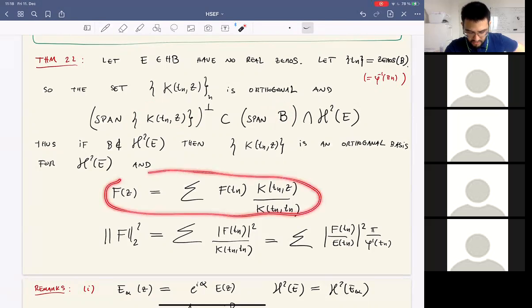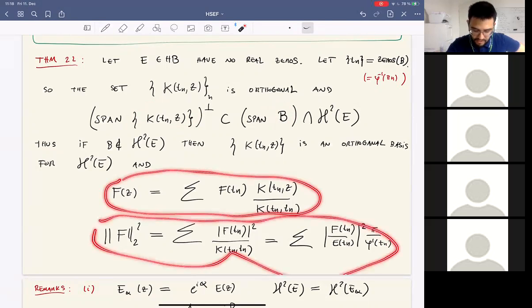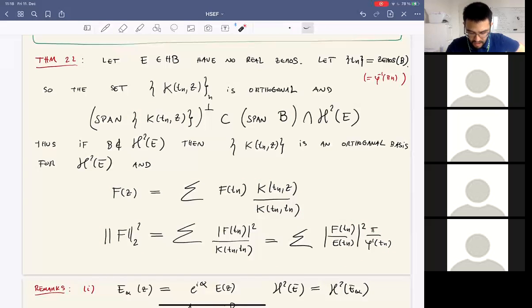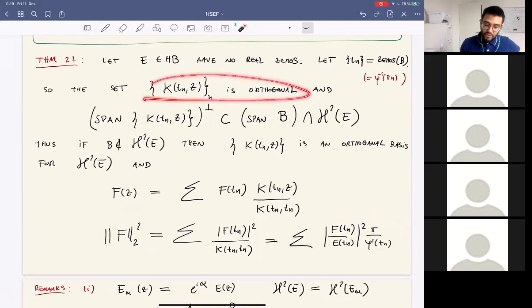And these two other conclusions here are basically just computations. Once you know that this is a basis of the space, you just write it in terms of the basis, and then you take the L2 norm term by term, and this is what you get. So the only thing I have to show is that this is orthogonal, and that if a function is orthogonal to all these guys, then it has to be a multiple of the function B.